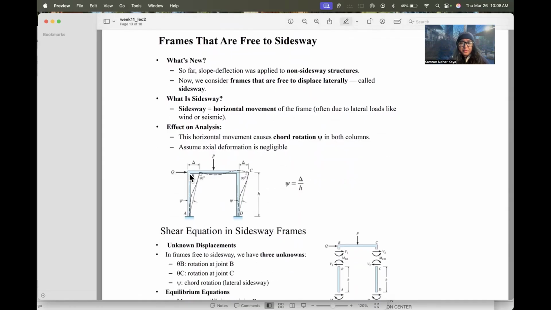Due to the horizontal force, there will be horizontal movement of the frame. We are saying that there is a sideway horizontal movement of the frame due to the lateral force, lateral load, or you can say the horizontal force. And that horizontal force, we saw from our first lecture, is wind or seismic load.